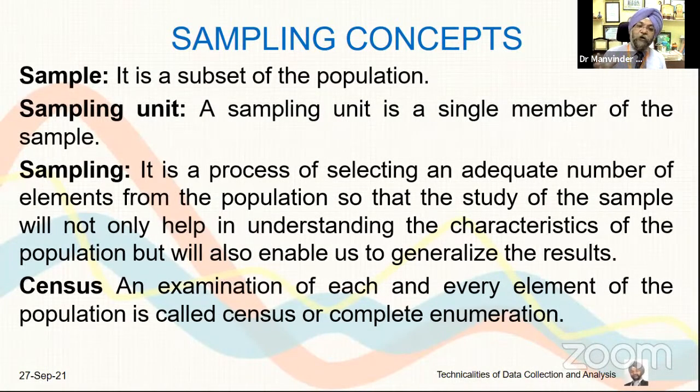For example, if we are surveying all the 200 MBAs or all the 300 mechanical engineers or all the patients in the hospital at that time, then when we are investigating the entire population, the data we collect is called a census.